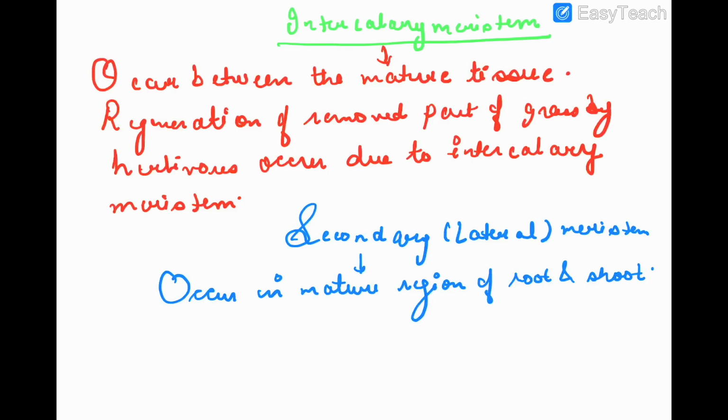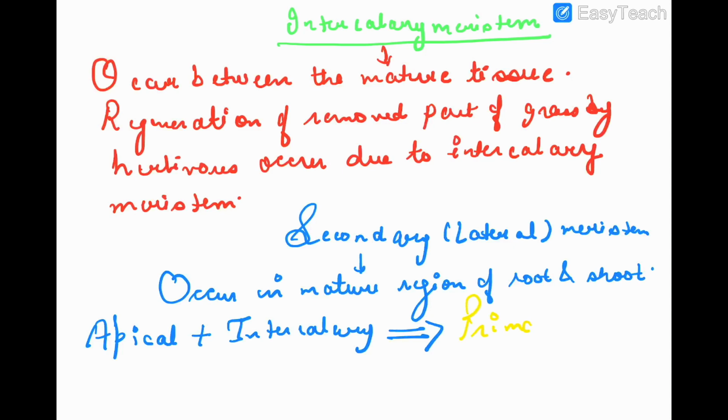It is to be remembered that both apical meristem, which we have talked earlier, plus intercalary meristem combined are called as primary meristem. Why primary meristem? Because they appear early in plant life. Whereas secondary or lateral meristem occurs late in the plant life and it occurs in mature region of root and shoot.